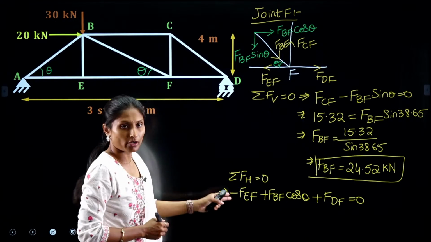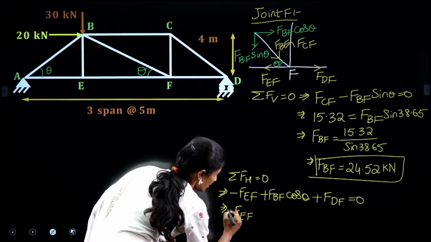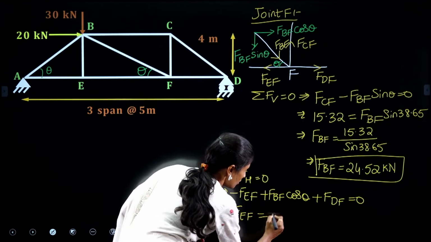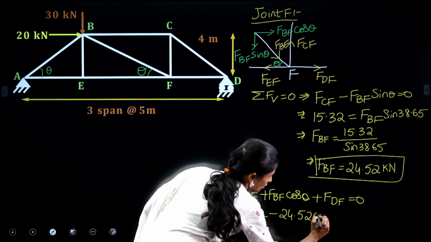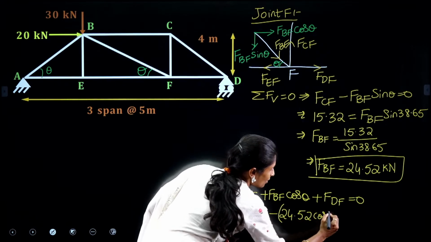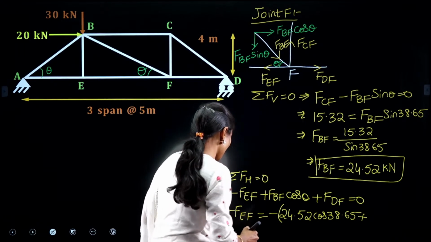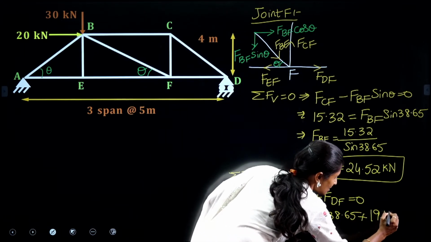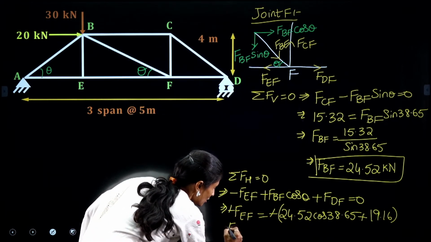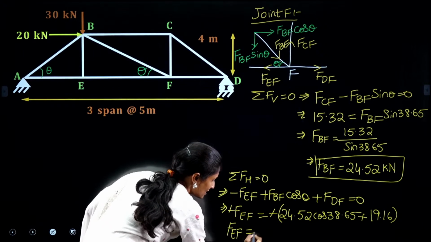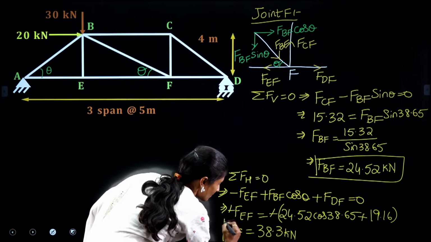We know FDF, we know FBF. So, calculate FEF. Minus FEF is equal to minus FBF, which is 24.52 into cos 38.65, plus FDF, which is 19.16 kilonewtons. So, when the minus cancels, we will get the force in the member EF as 38.3 kilonewtons.